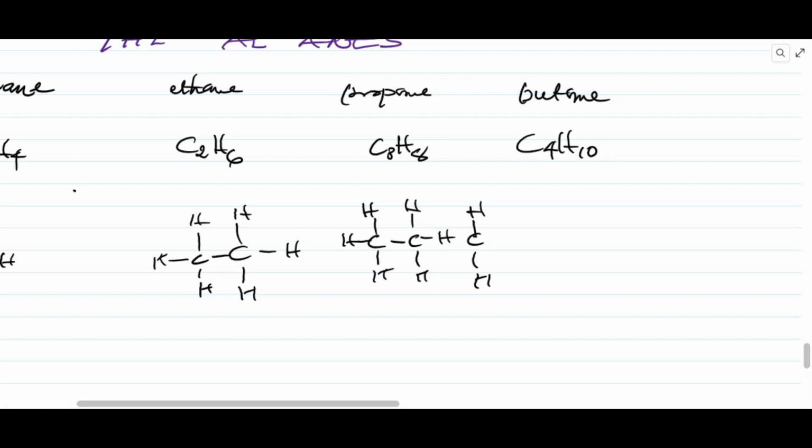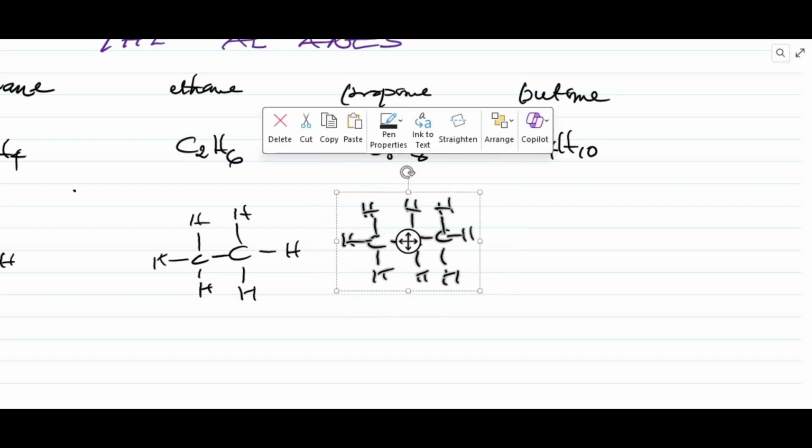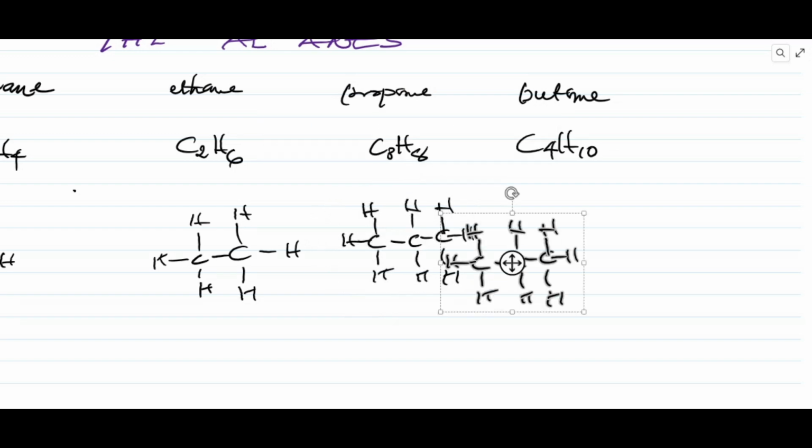So it means this existing H here, I can just move this H, let's take this bond and move it here. And then this one can be here. So we added another CH2 to this to become C3H8.